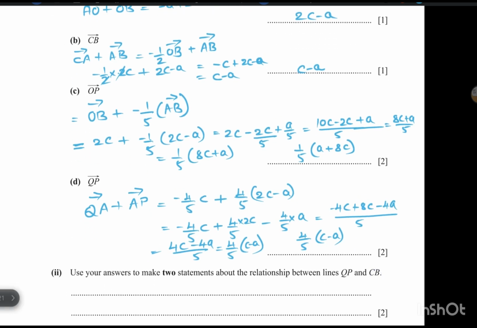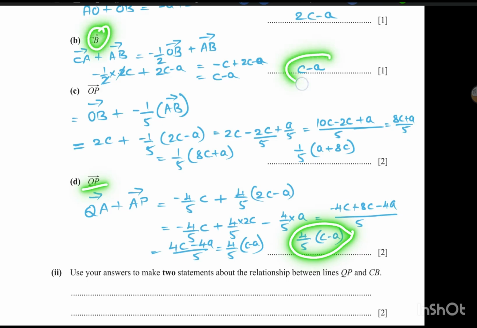Question number 2 in this: Use your answers to make two statements about the relationship between lines QP and CB. Now we got QP as 4 by 5 into C minus A, and we got CB as C minus A. So QP is 4 by 5 into CB, isn't it?